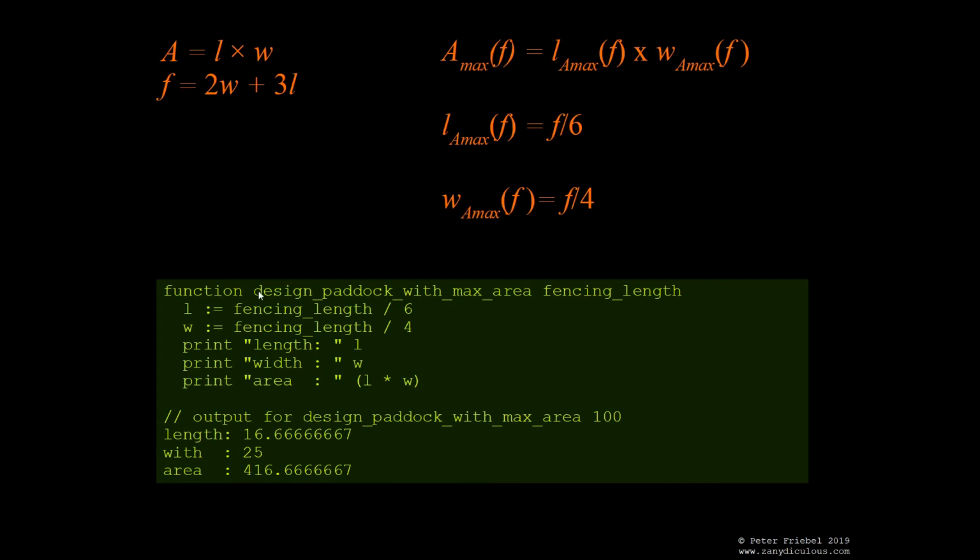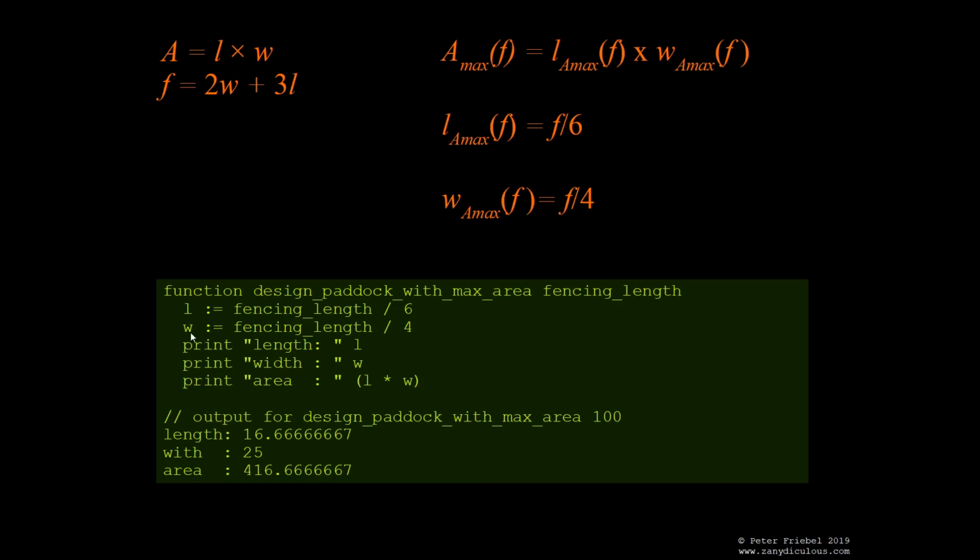I created a function with an annoyingly long name, design paddock with max area, and it takes a parameter called fencing length. Now, first we initialize a variable L with fencing length divided by 6. That is this one.